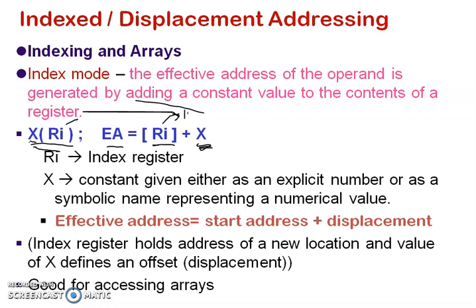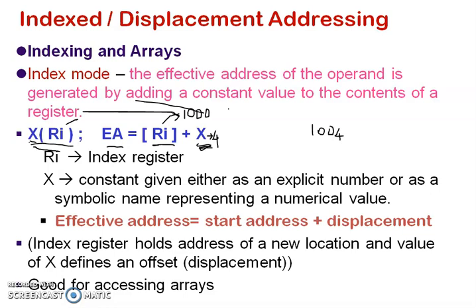Like if I assume it is 1000, and I take the x value as 4, then the effective address computed will be 1004.